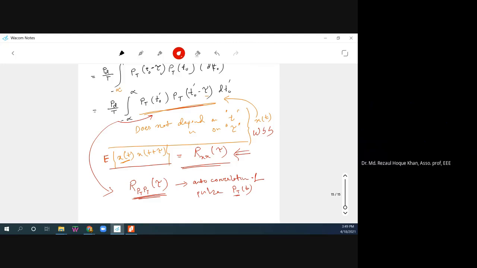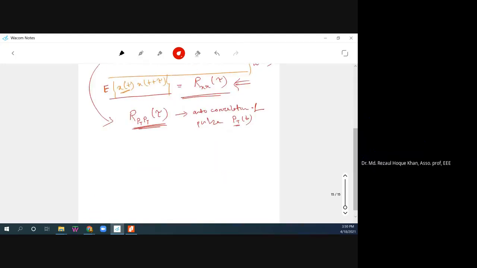Okay, so we can write our expression: R_xx, which was our first expression, the expected value of x(t) x(t + tau), is actually P_d by T times R_p(tau).